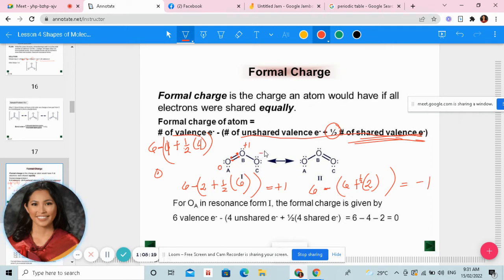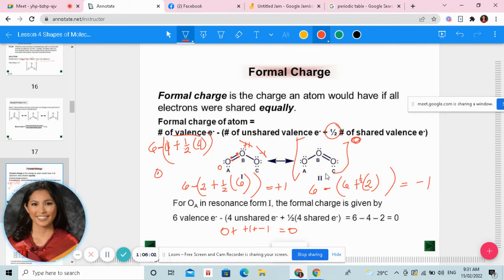Now the total formal charge is the sum of all formal charges of each atom. 0 plus positive 1 is 1, minus 1 plus negative 1. That is equal to 0. They cancel.